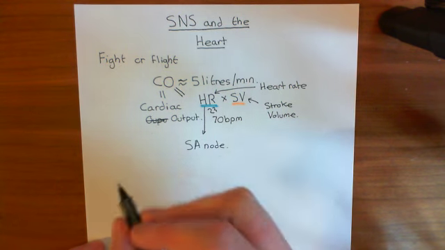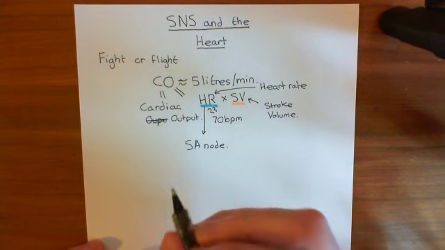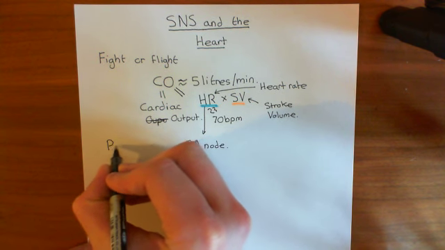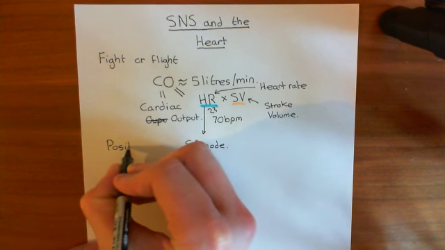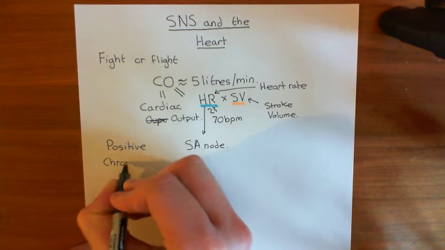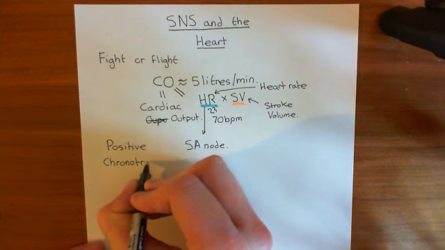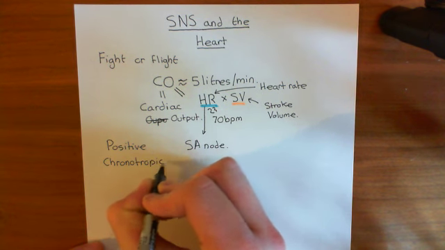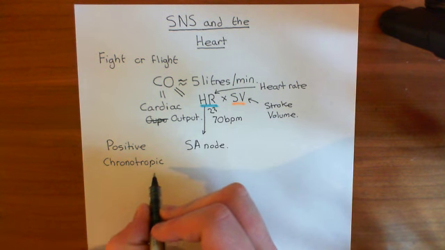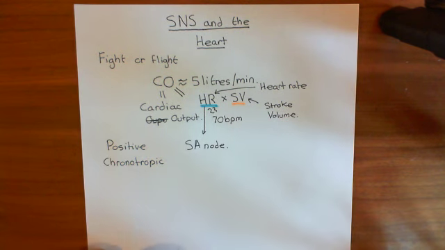Okay, and when you increase the heart rate, there's a fancy word to describe that. You're said to have a positive chronotropic effect. So chronotropy refers to how fast the heart is beating. If you have a positive chronotropic effect, then you are increasing the heart rate in some way.